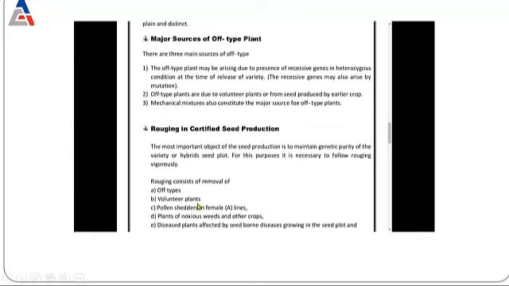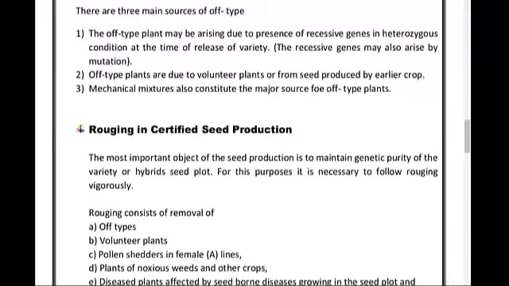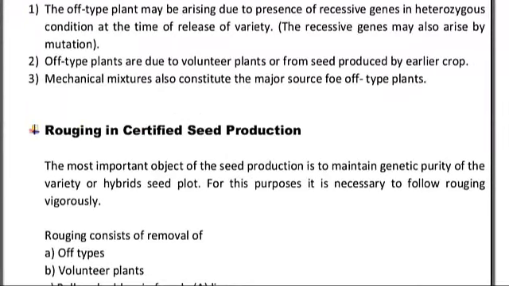Roguing in certified seed production. There are three major types of off-type plants. Off-types may arise due to the presence of recessive genes in heterozygous condition at the time of release of the variety. Off-type plants are also due to volunteer plants, and seed produced by mechanical mixture also constitutes a major source of off-type plants.